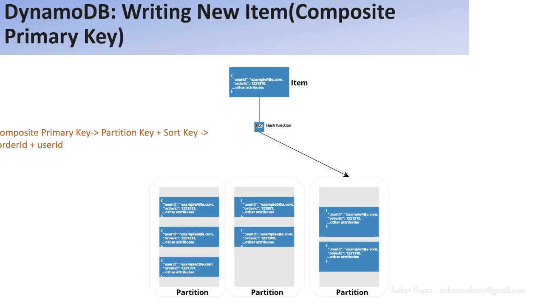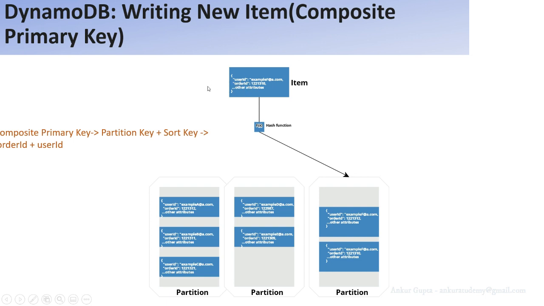Now let's take a look at how you can create a composite primary key. So a composite primary key consists of a partition key and then a sort key. Now in this example, our partition key is user ID and our sort key is order ID. Now in an orders table, we can have many items with the same user ID, as these users can have multiple different orders placed.